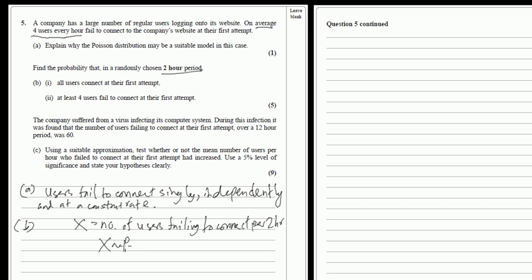So I'm starting directly with 2-hour Poisson. Every hour is 4 users, 2 hours means 8 users.